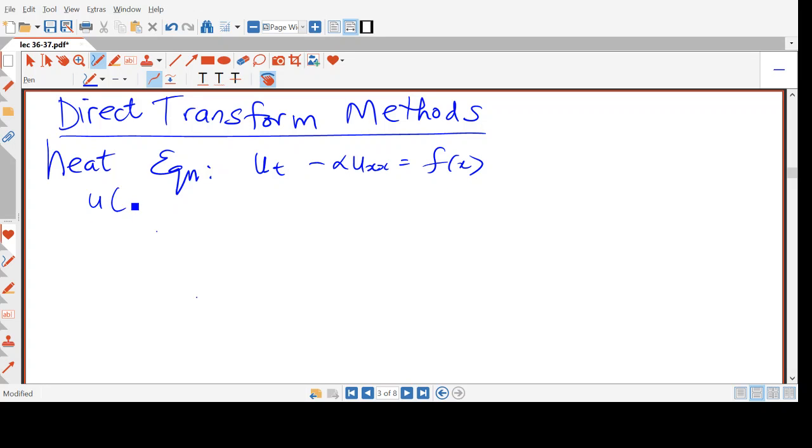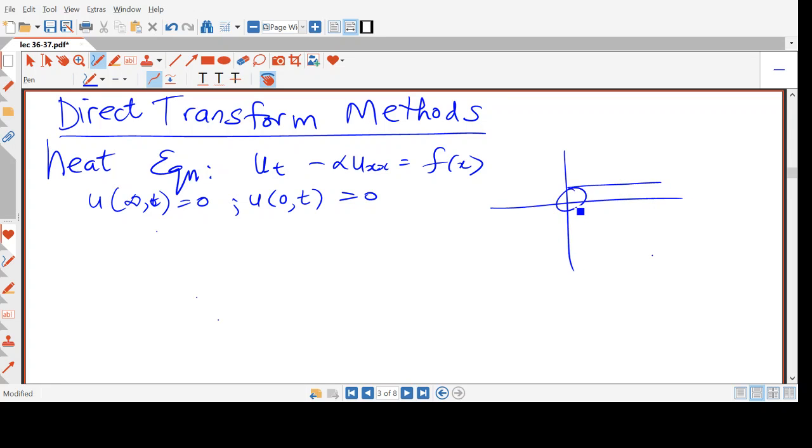Let's say u at infinity is 0. U of 0 is also 0. And at time equal to 0, let's say we have a rod of this type here. It's infinite length.